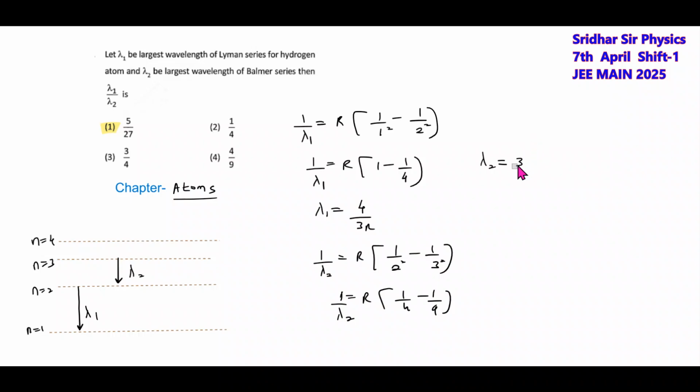It will be 36 by 5R. It's asking the ratio of lambda 1 by lambda 2: 4 by 3R over 36 by 5R, which is 5 by 27. All the series ending up at n equal to 1 will be Lyman series. All the series where they'll end up at n equal to 2 will be Balmer series.